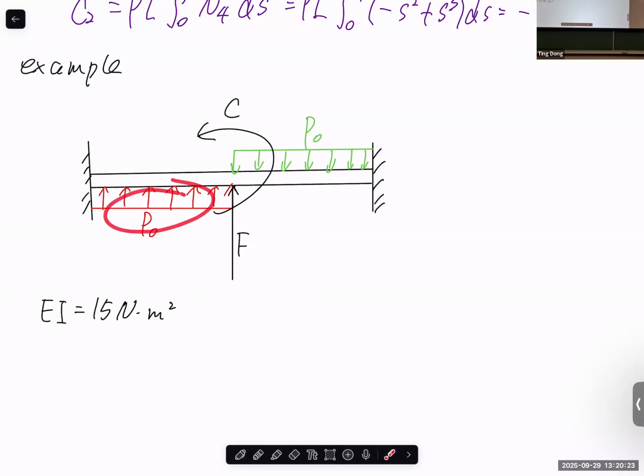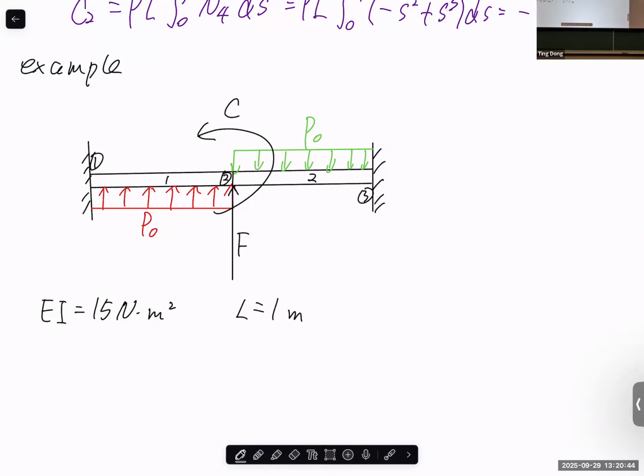And for the uniform distributed force, you find an equivalent nodal force, right? So definitely we need to put this one as a node. Now we have two elements. So this is node 2, node 1, node 3. And now this becomes element 1 and element 2. The L of each element is equal to 1 meter.